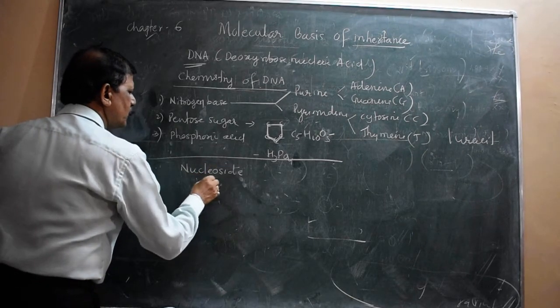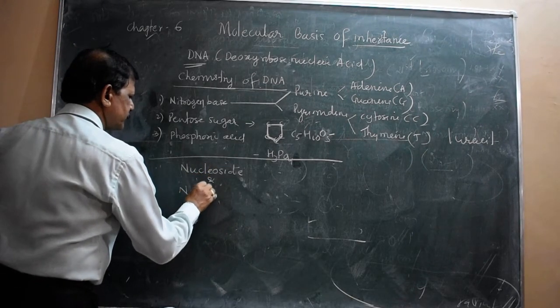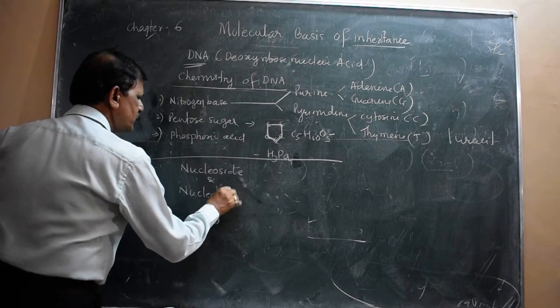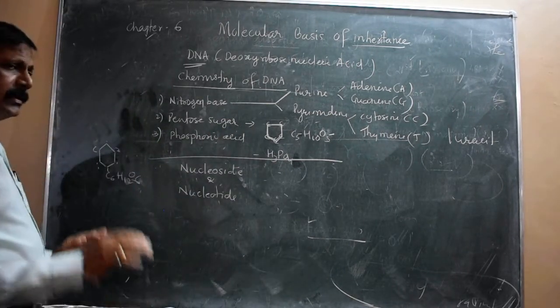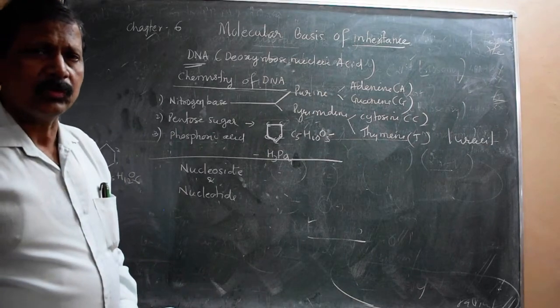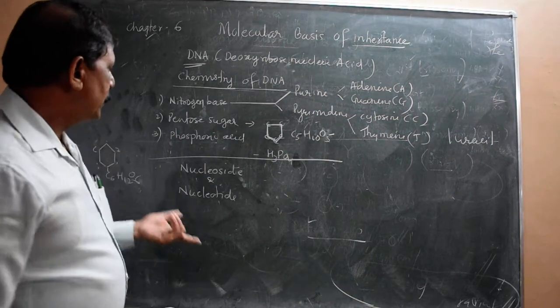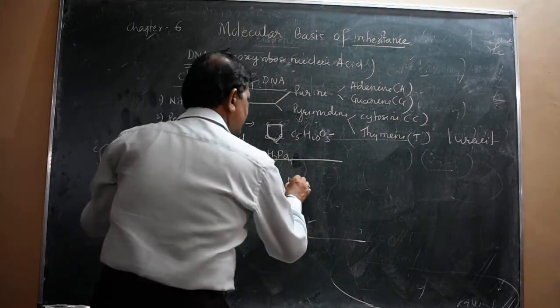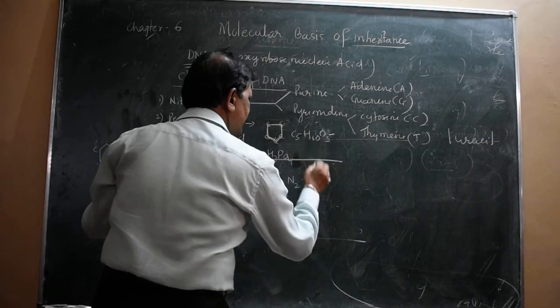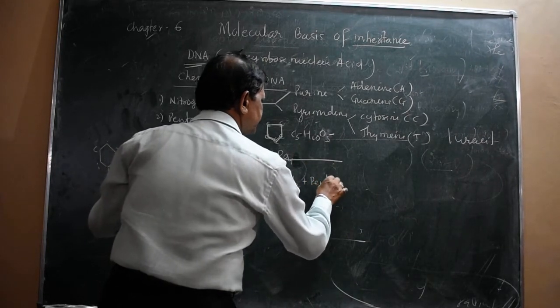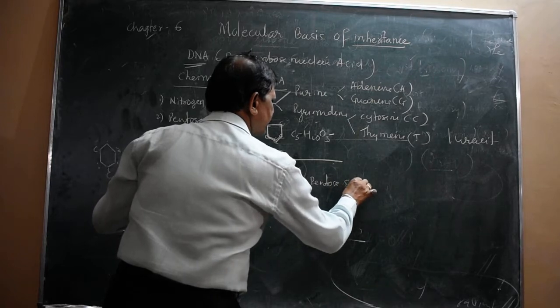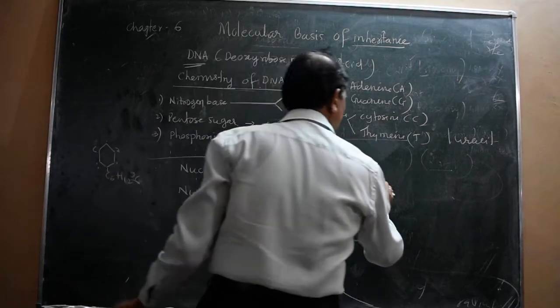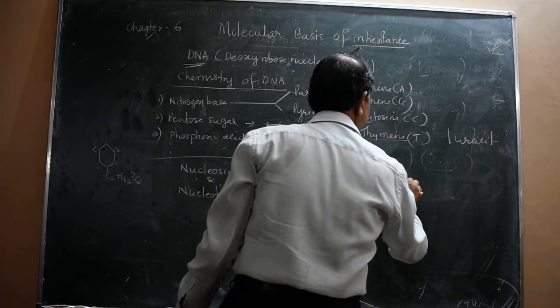and the nucleotides. What is this nucleoside and the nucleotide? In a DNA molecule or an RNA molecule, if nitrogen base plus pentose sugar are present, that is called a nucleoside.